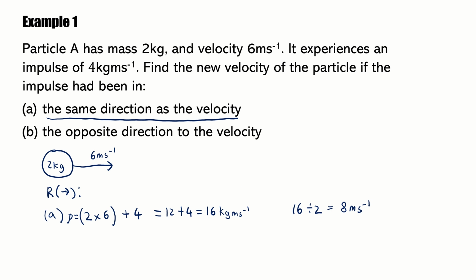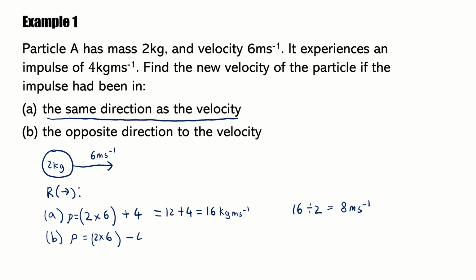But that was part A, where the impulse was going in the same direction as the velocity. If the impulse is going in the opposite direction to the velocity, the momentum originally would still be 2 times 6. But then, as the impulse is now going in the opposite direction to the velocity, if the velocity is the positive direction, that means the impulse is now the negative direction.